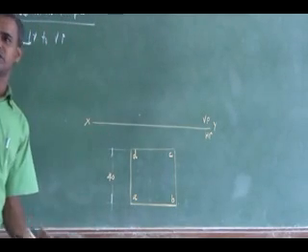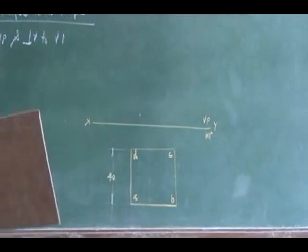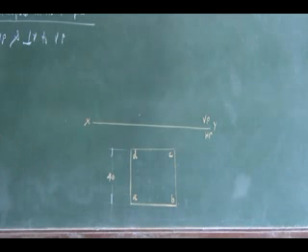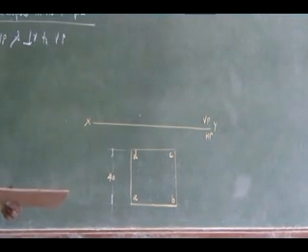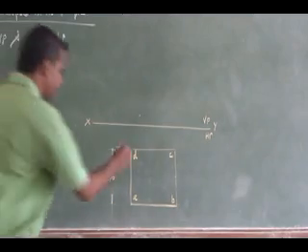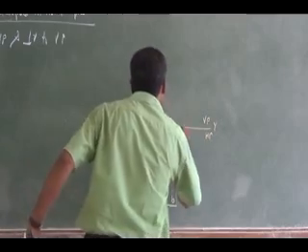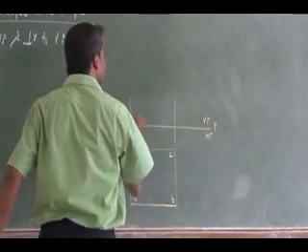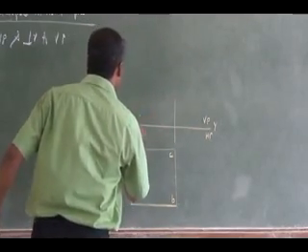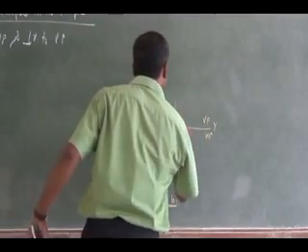Now you know the projection of the front view. This is the top view. Because the plane is parallel to the horizontal plane, the true shape will be obtained as the top view. Then the front view will be a straight line, as we told. The above distance will be given in the problem.